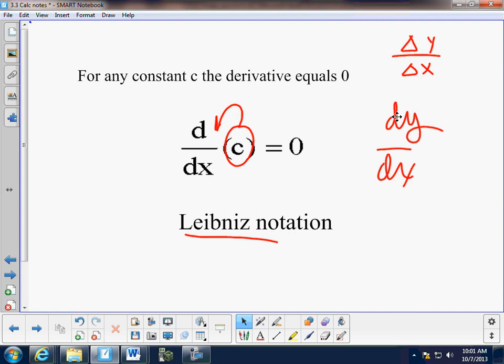Once Newton saw his stuff, he published his information, and then there was a big battle about plagiarism issues, and you stole my ideas, and anyway, I don't know if they got it all worked out or if they had to duel at dawn. But each of them has some notation that in today's calculus we use. Sometimes it's better to use Leibniz, sometimes it's better to use Newton. The Newton is more of the f of x stuff. Leibniz does this d dx.